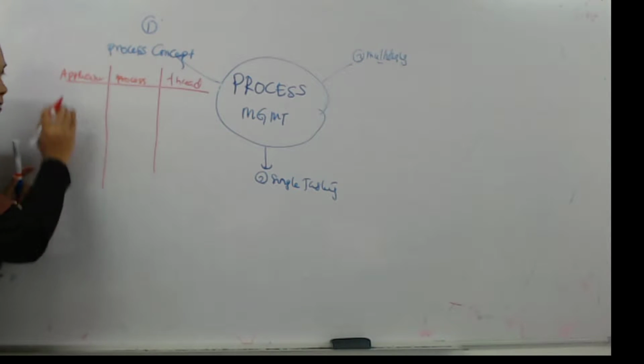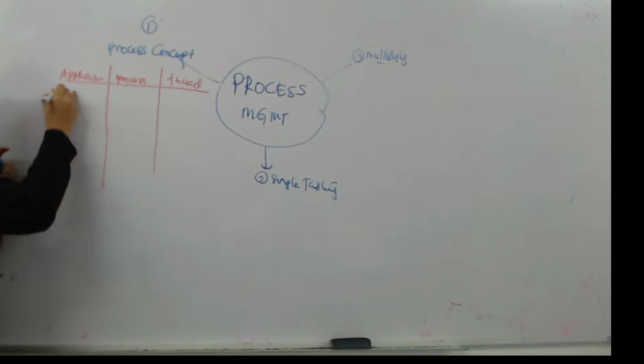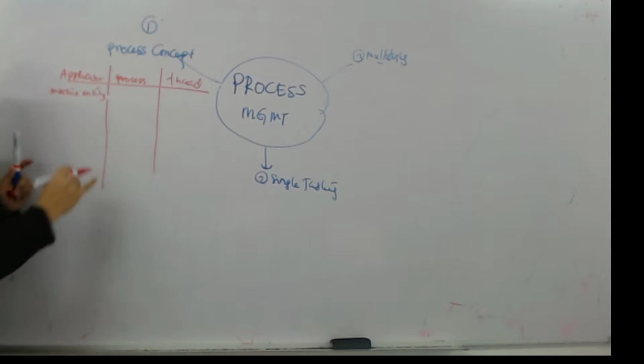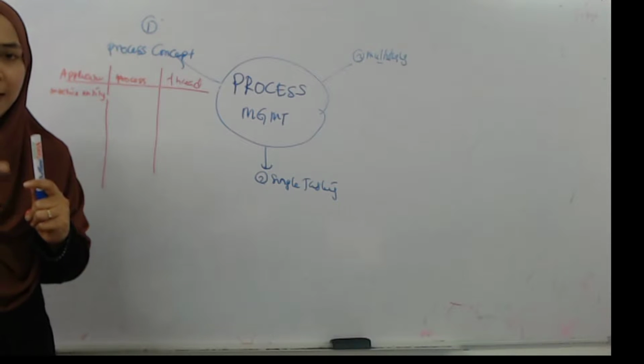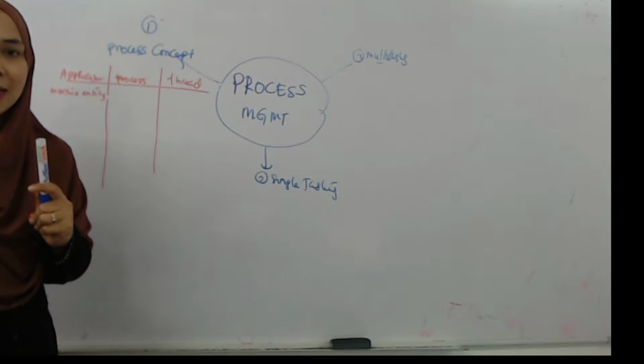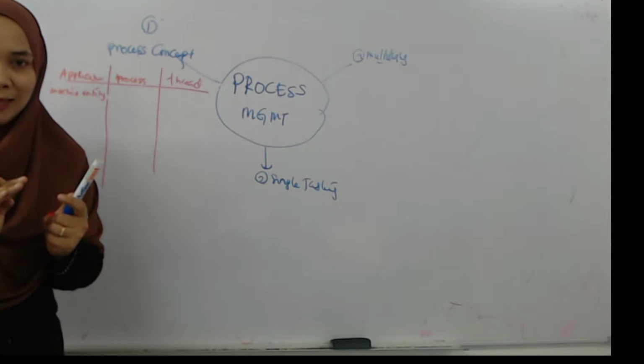Alright, yang pertama application. Application is inactive entity. Maksudnya, bila kita as a user click that program ataupun application, it will be executed, it will be running. That is inactive entity.